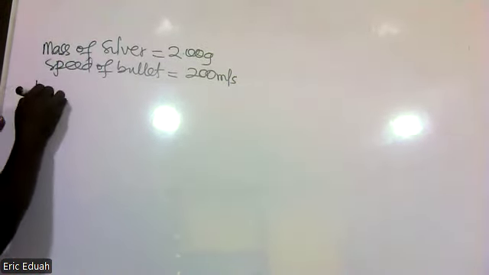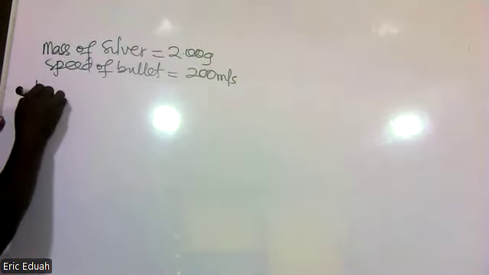So what is kinetic energy? Half mv squared must be equal to the heat energy gained by the bullet, mc delta t. Now, interestingly, this mass of the bullets would cancel out, so that we are looking for delta t.